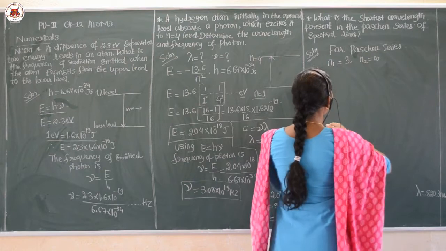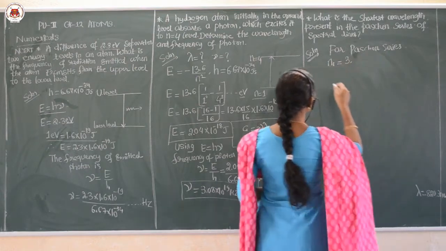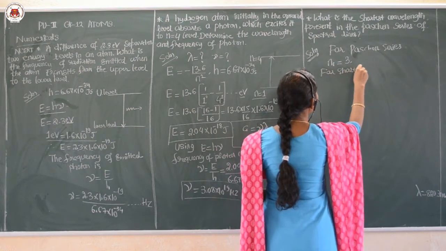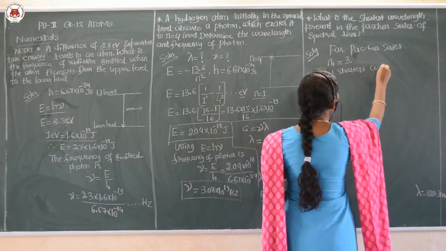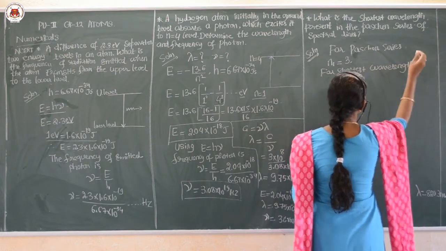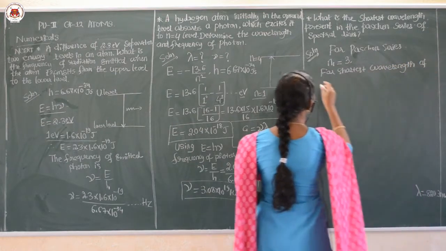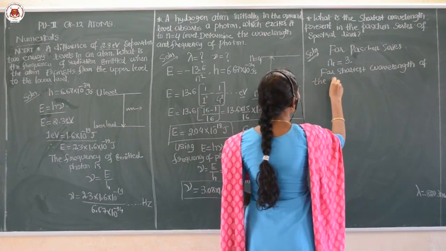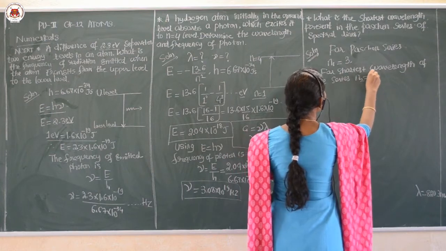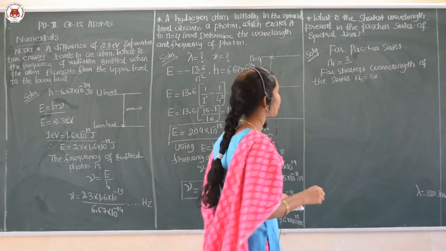Infinity. Why? Because, for the shortest wavelength of the series, n2 will be equal to infinity here.